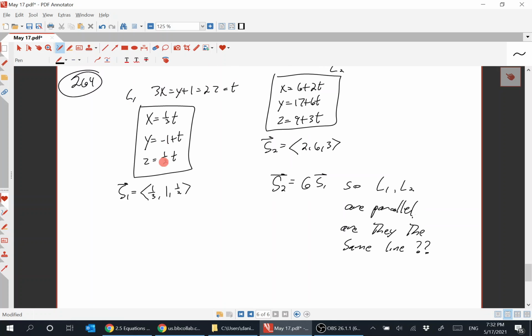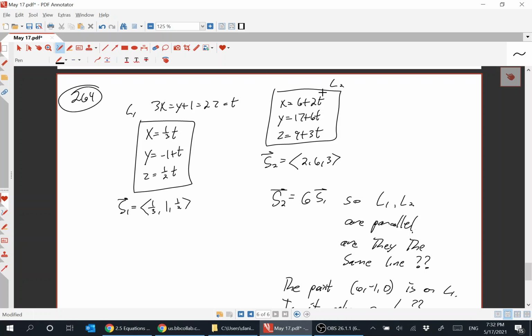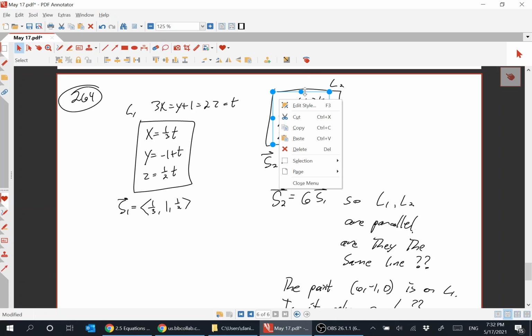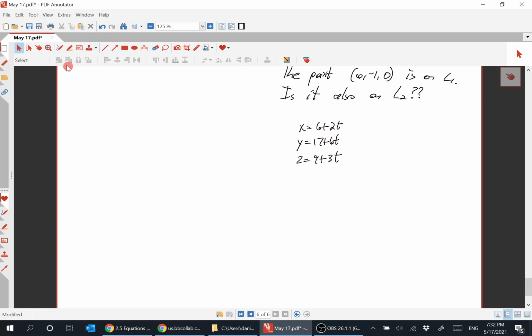is the point 0, -1, 0 on L1? So the point 0, -1, 0 is on L1. Is it also on L2? So let's check it out. So here's those equations for L2. And let's just plug in x, y, z, 0, -1, 0, and ask, do we get a solution?